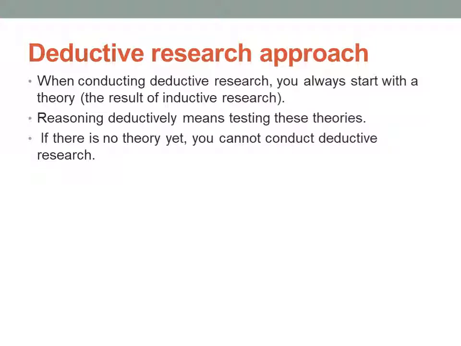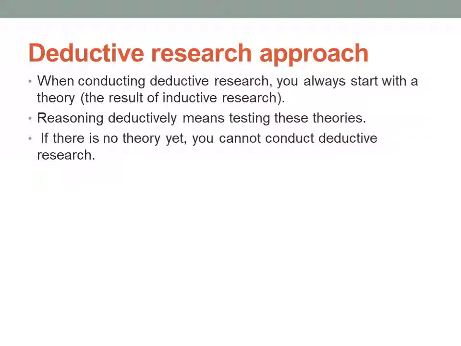Okay, so reason deductively always has a testing theory. When you talk about testing theories, this means you should have a hypothesis and you should have the hypothesis tested. So this is where the hypothesis comes out.